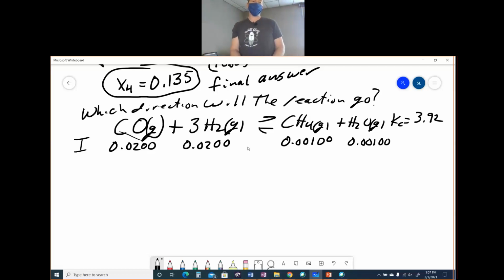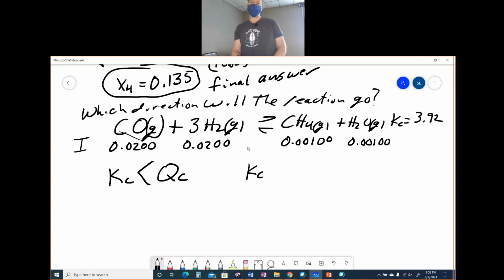If you write the Kc value first in your less than or greater than, you will note that the less than or greater than will point you in the direction the reaction is going. So when the Kc is smaller than the Qc, Qc is too large, it has to go pointing to the left to get rid of some of the products.